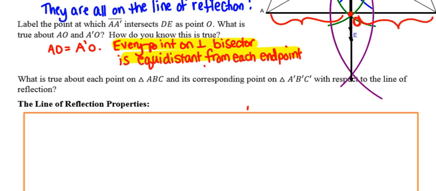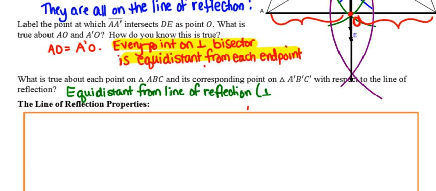Well, I'm going to say they will always be equidistant from the line of reflection or the perpendicular bisector. And I could either say line of reflection or perpendicular bisector because they will always be one and the same. So either one will work in that case.